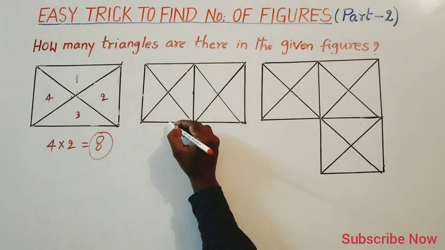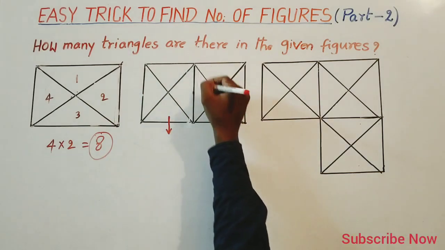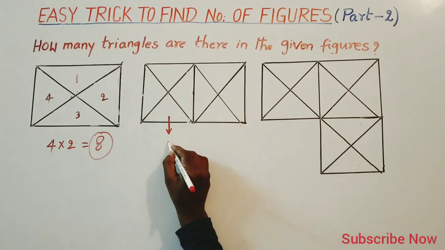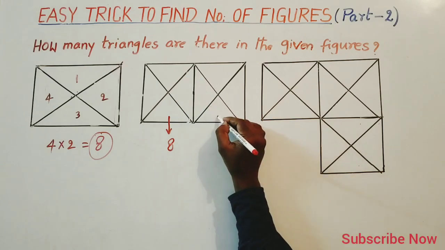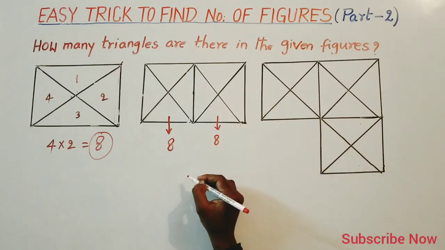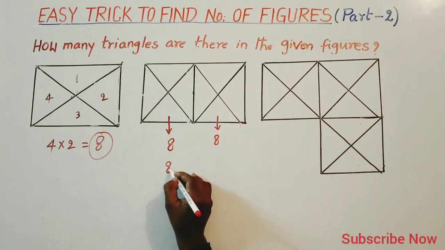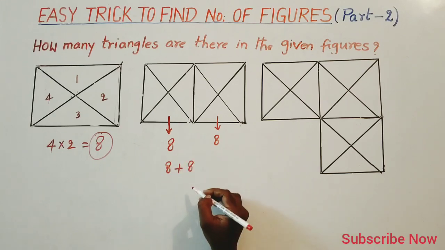Therefore, in this diagram there are 8 triangles, and in this part also there are 8 triangles. Therefore, totally 8 plus 8.